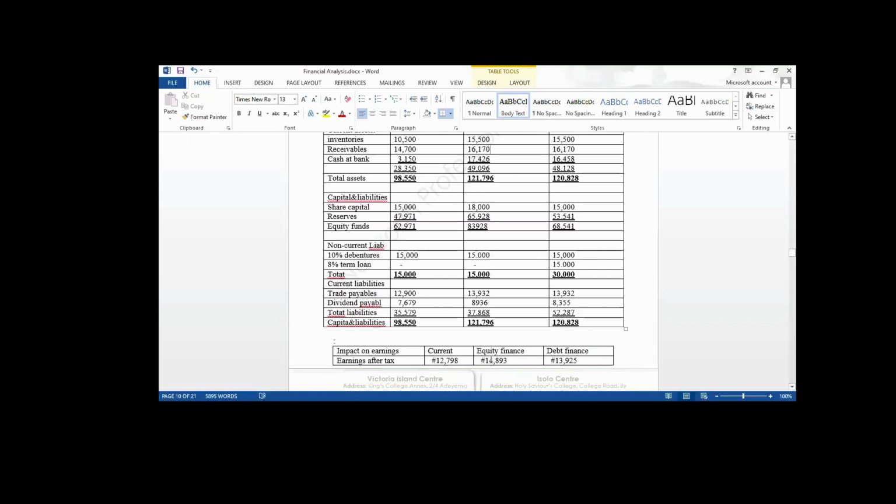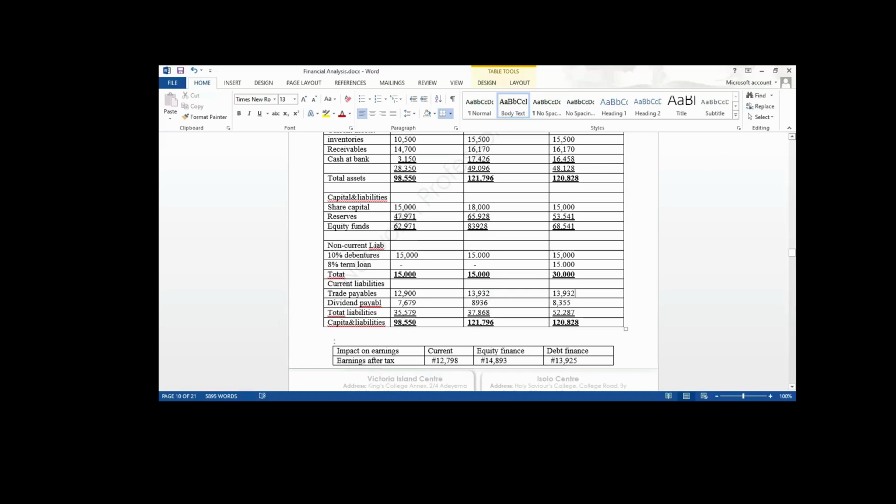Our payables, please look at it here. Our payable figure in 2018 is 13,932. Whether we finance by equity or we finance by debt, the payable figure will be 13,932.